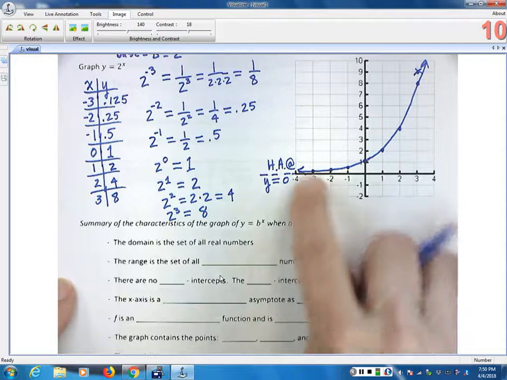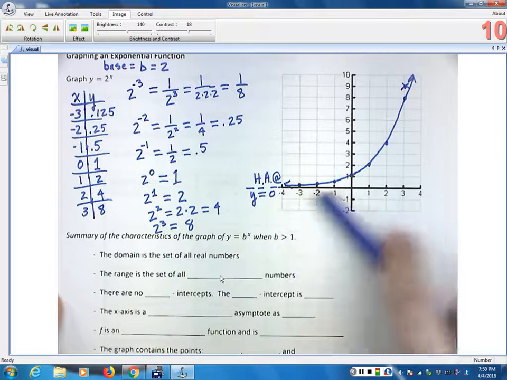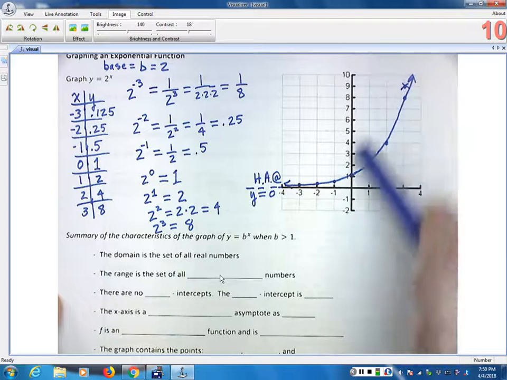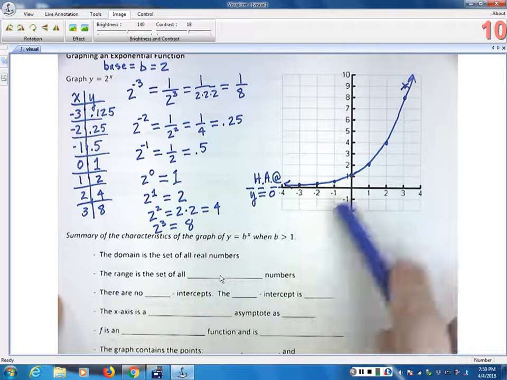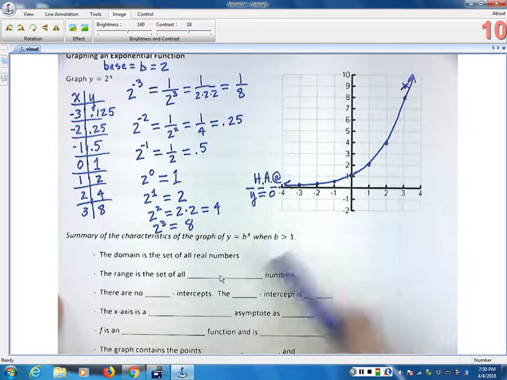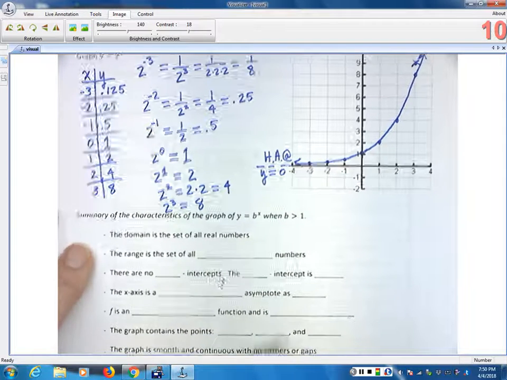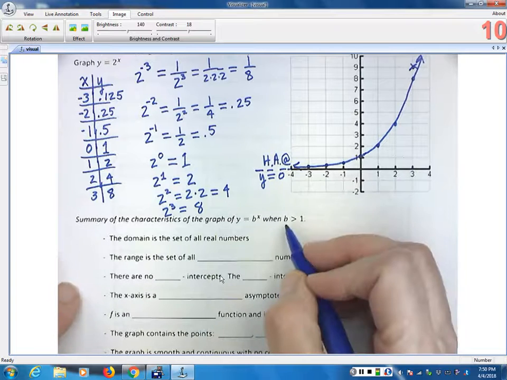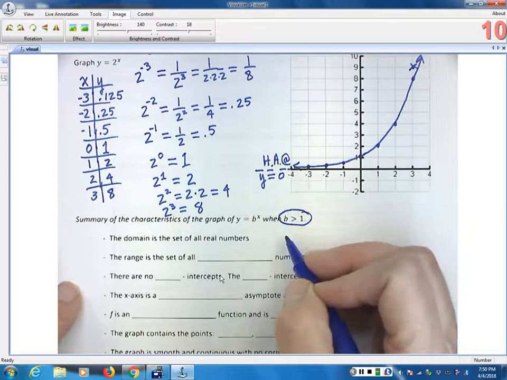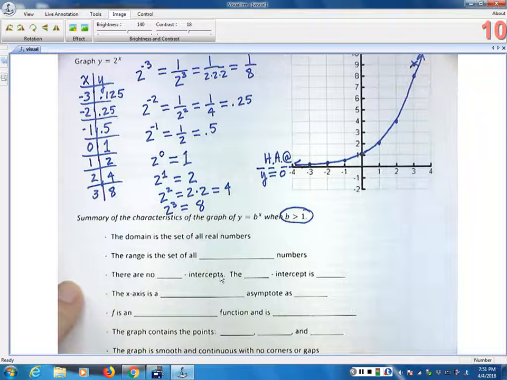This is what the graph's going to look like. It'll go up quicker if the number's bigger and slower if the number's smaller. But it'll look like this.